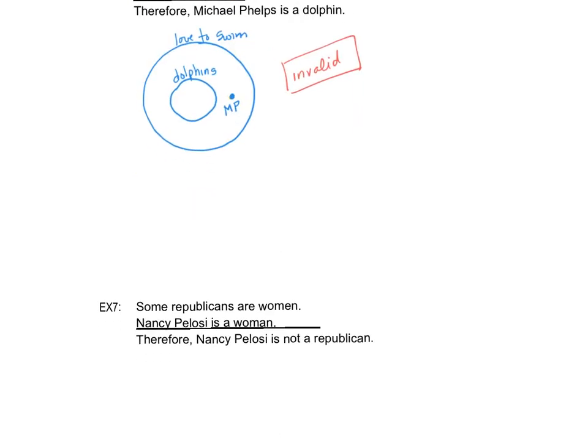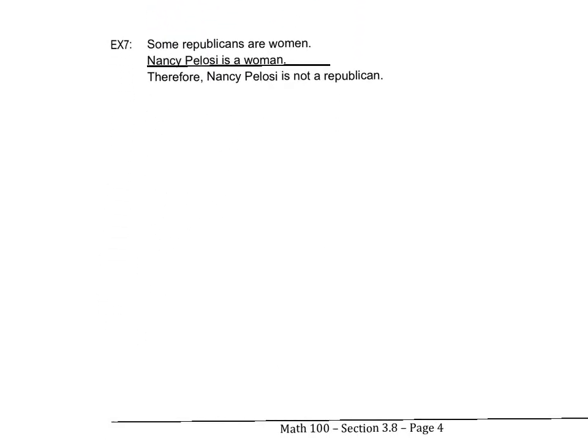All right, last one. Some Republicans are women. Nancy Pelosi is a woman. Therefore, Nancy Pelosi is not a Republican. Okay. Some Republicans are women means that the set of Republicans, because it's a some are, has to overlap with the set of women.